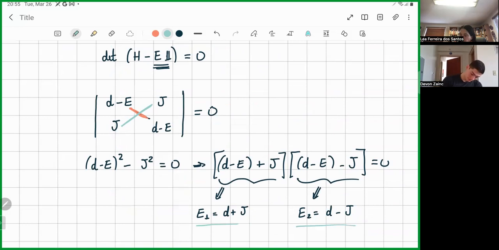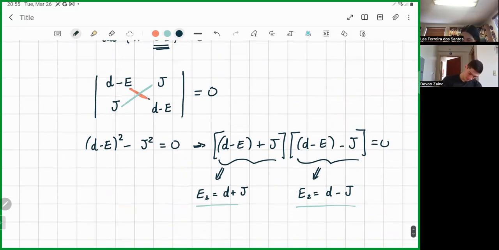Now, since there is a negative sign here and positive here, just being picky, you give the name that you want for these energies, but there is a chance that this one is smaller. So I'm going to put 1 for this one and 2 for this other one.